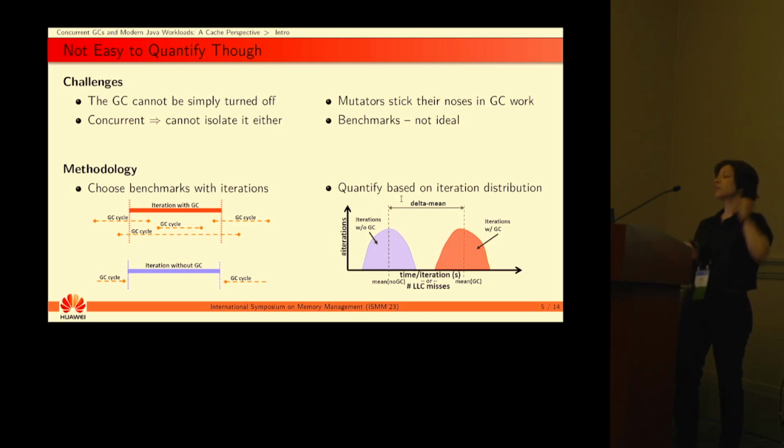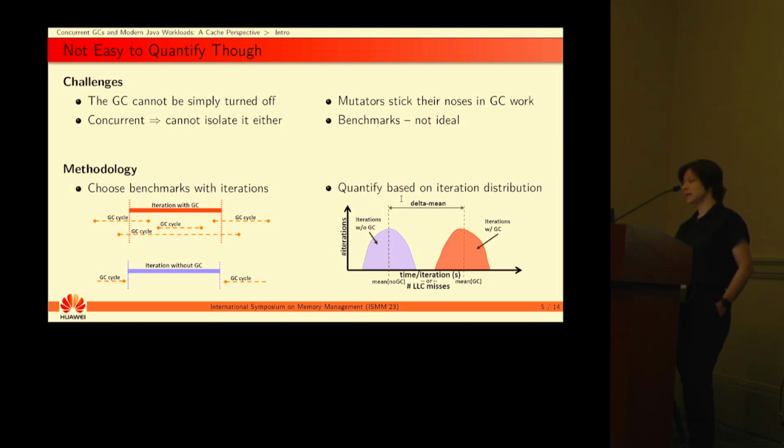So what we expected to see was this kind of plot, where the iterations that have GC are separate and have more impact than iterations that don't have a GC working alongside them.